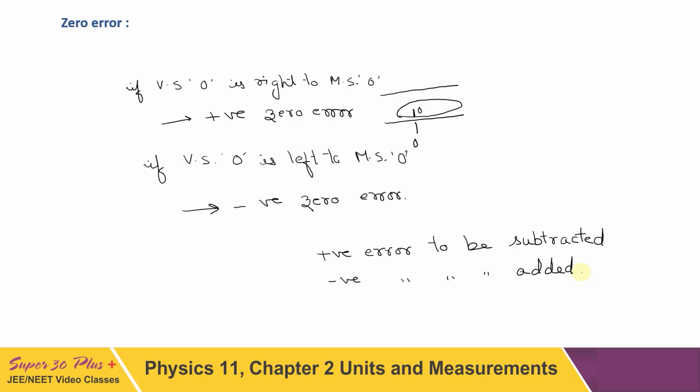So for this we have to see which division on the vernier scale, there would be 10 divisions, would exactly coincide with any division on the main scale. As you can see here, let that be the 4th division. So zero error would be 4 into least count. This is how zero error is written.